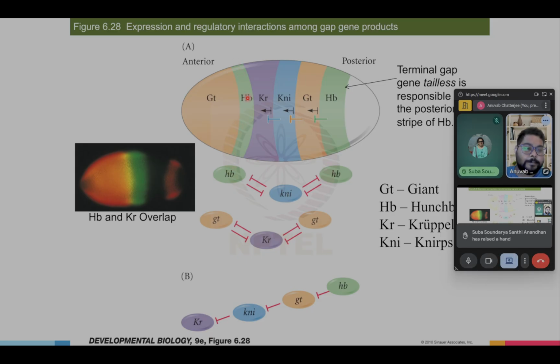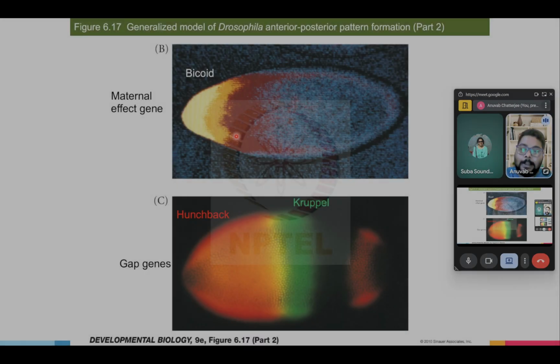Yes, Subha? So earlier you mentioned that the bicoid helps in translation of the hunchback, right? Yes. But how is the giant there in the anterior region where the bicoid is localized? So as I said, there are overlaps between the expression.